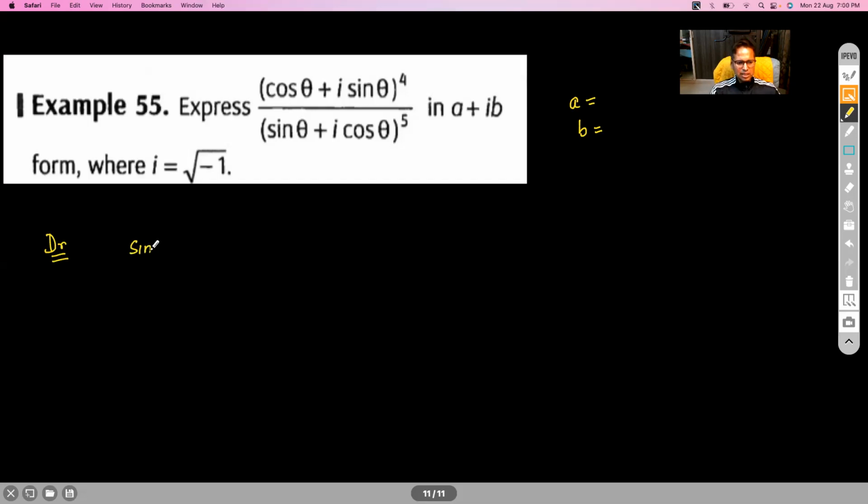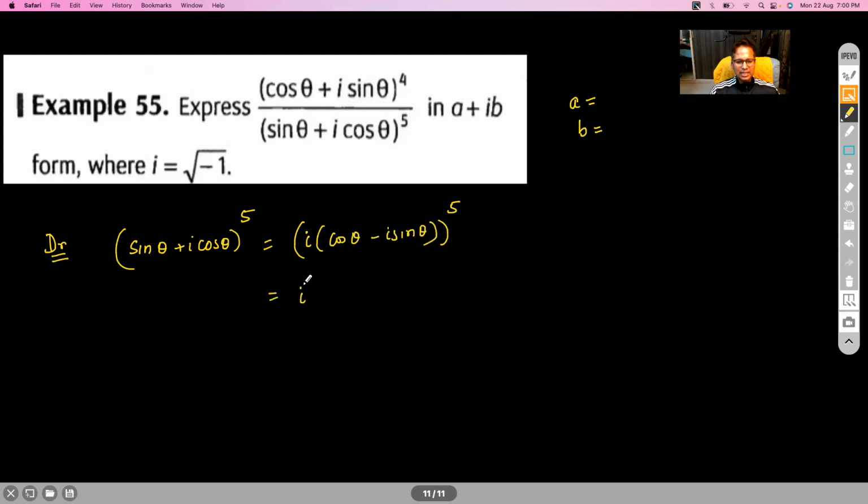So if you take this term, which is (cos theta + i sin theta) to the power of 5. What I'm going to do is break the base part here, taking i common, and you have cos theta minus i sin theta.